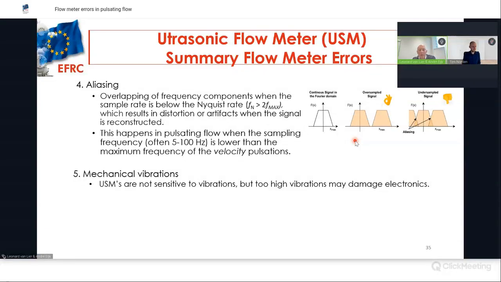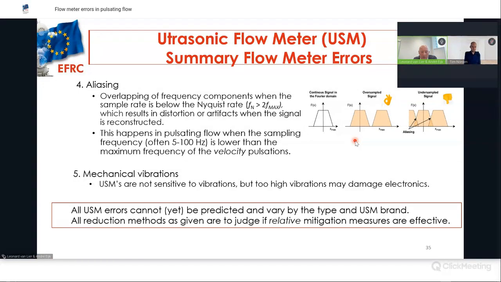Mechanical vibrations: the meter itself is not sensitive to vibrations. However, the electronics may be damaged if you have too high vibrations. Again, as also for the Coriolis meters, the errors of ultrasonic meters cannot yet be predicted and vary by the type and brand of the ultrasonic meter.